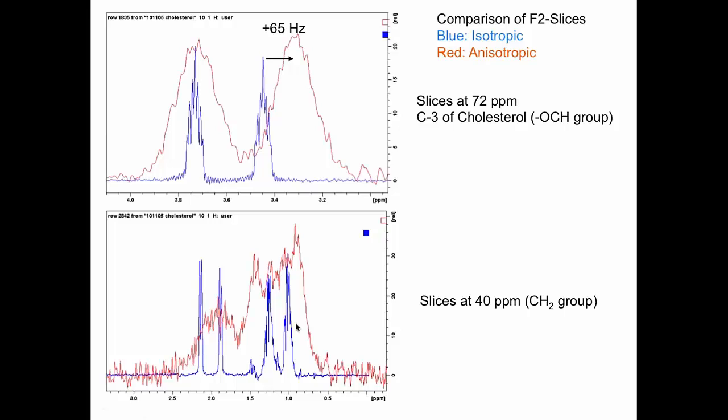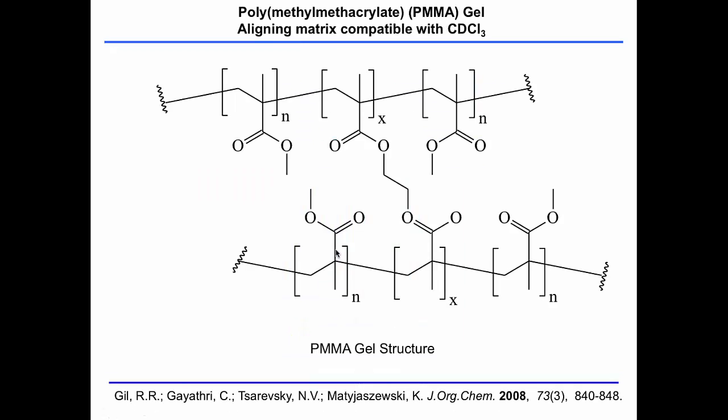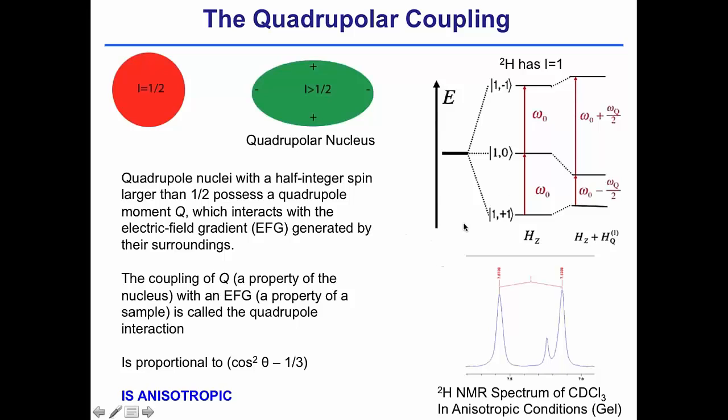So it is important also to choose the right degree of alignment. But since 2010, I decided, and I've been looking forward always, to use measured RDCs in F1. The reason for that is that you avoid all this dipolar broadening. As I mentioned, this is the Lewis approach, and we already developed these PMMA gels, and I already told you about the quadrupolar coupling.